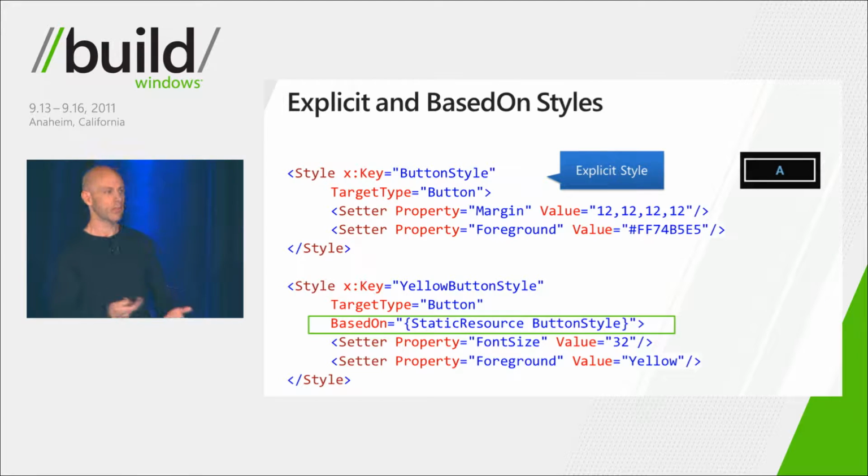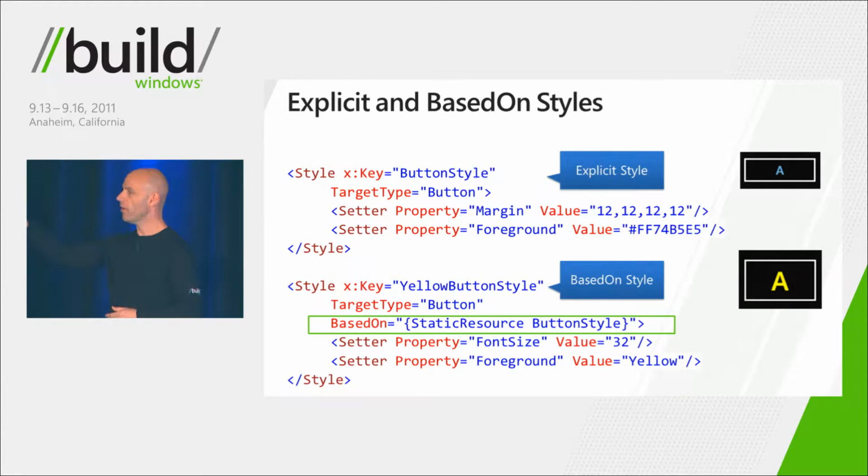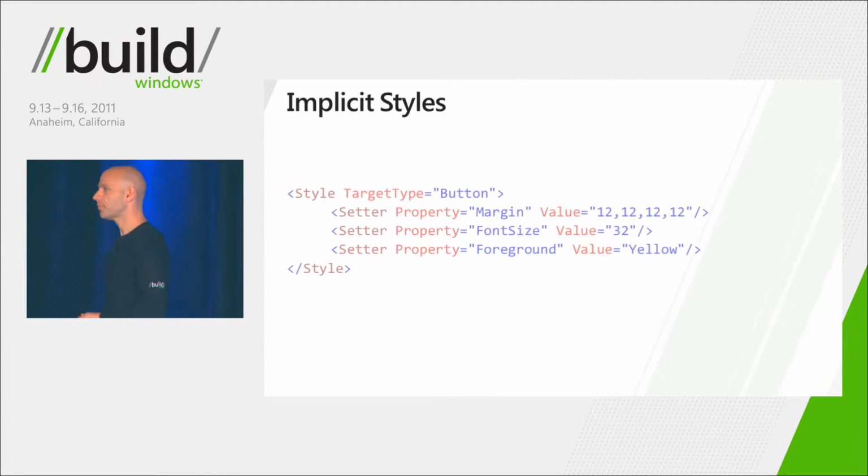The key is a different key name, but I'm basing it upon a previous keyed style. And you'll see that in the green box there. In this case, it's going to inherit everything, including the margins and the foreground color of the first button style, and then it's going to override the font size and the foreground. In this case, it's going to take the blue, throw it away, and put the yellow in there, and it's going to increase the font size. So it's pretty easy to do these explicit and based on styles.